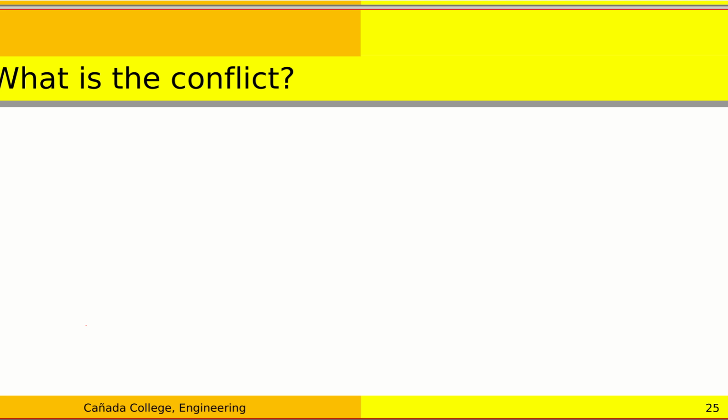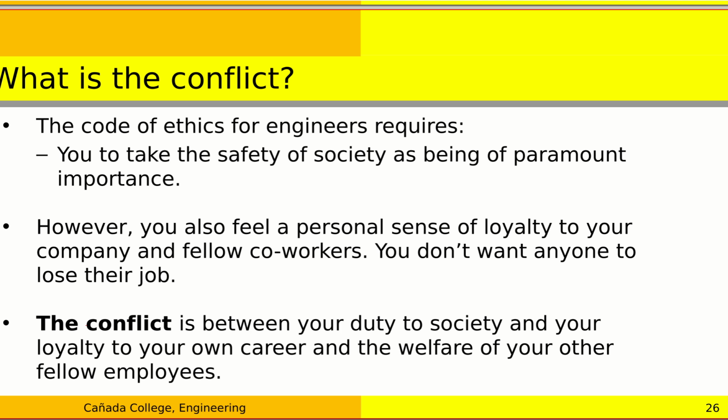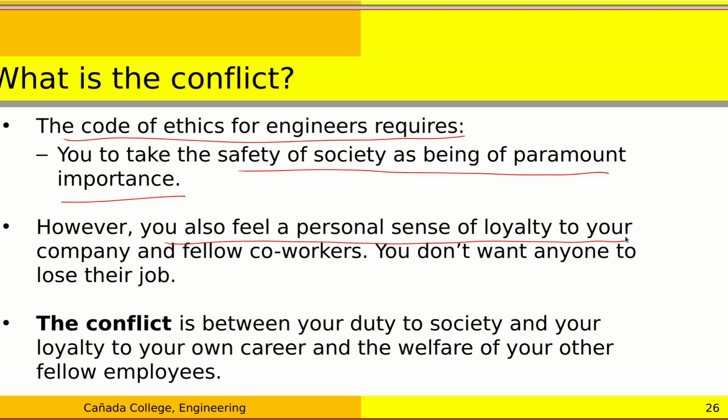Okay. So again, let's go through this and see what the conflicts are. Remember, one of the code of ethics requires that you take the safety of society as being paramount. That's one of the most important things, if not the number one thing that you need to do as an engineer. However, you are now conflicted because you also have a need to have a job, right?